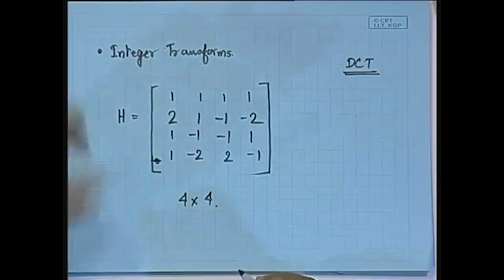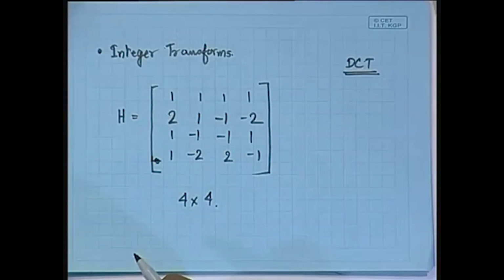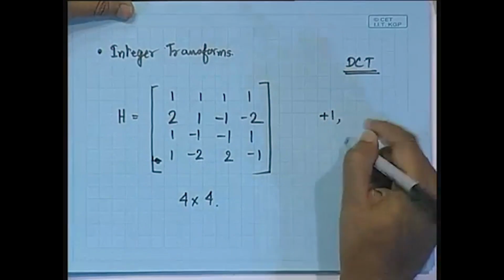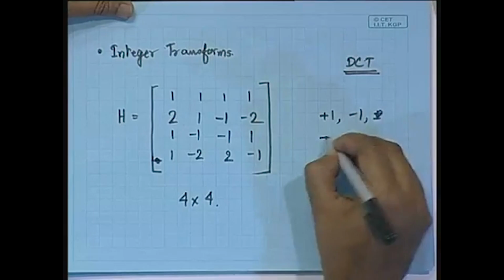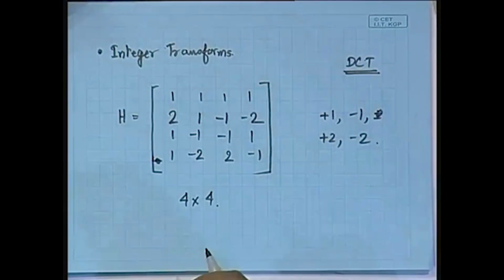Now, what do you observe in these elements? The elements are either +1, -1, +2 or -2. So, the elements can assume only these 4 values. What is the advantage? The advantage is in the hardware implementation. Multiplication by +1 is trivial; whatever value is there, you retain the same value.